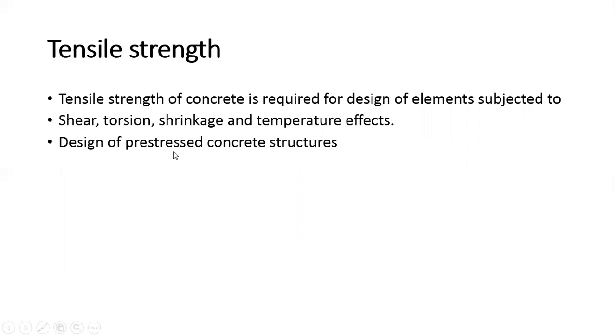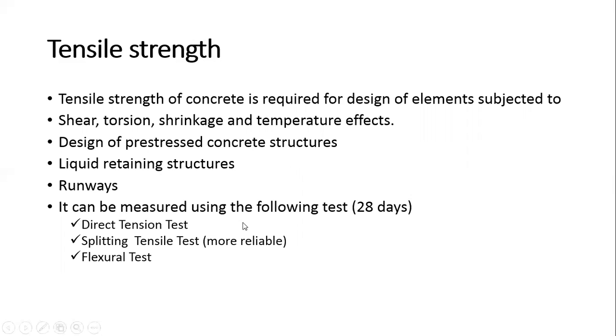Or if you design a pre-stressed concrete structure, you require the tensile strength. In liquid retaining structures, which are always in tension, tensile strength of concrete is again required. In runways also.